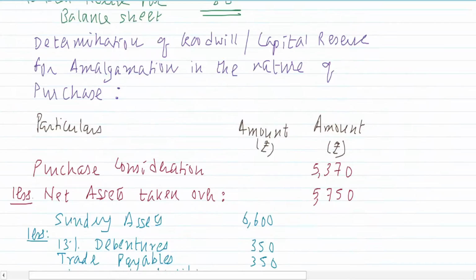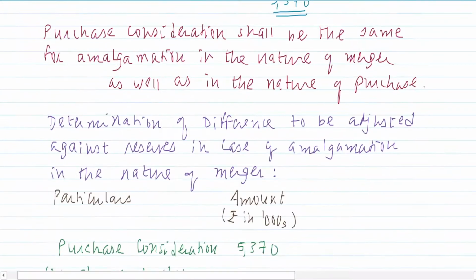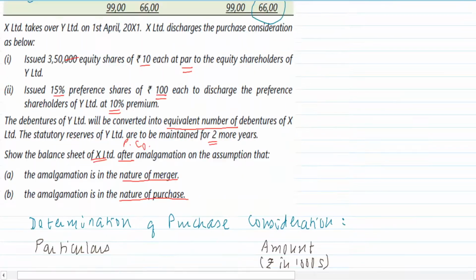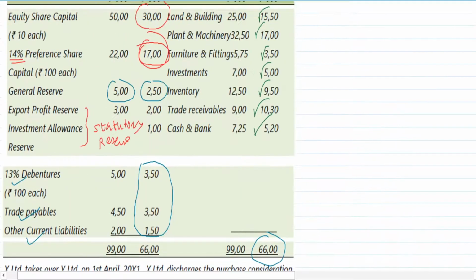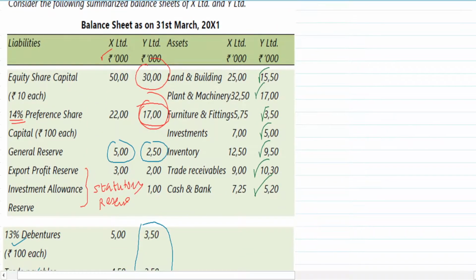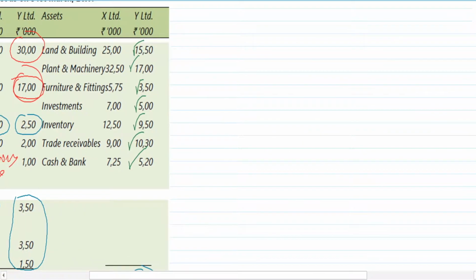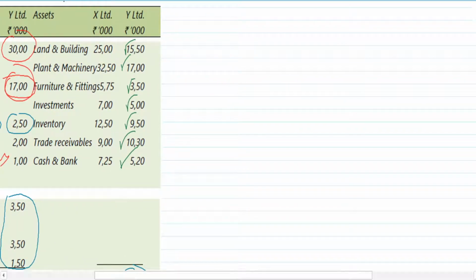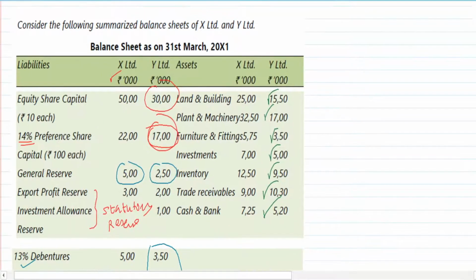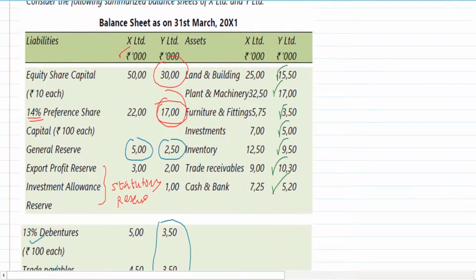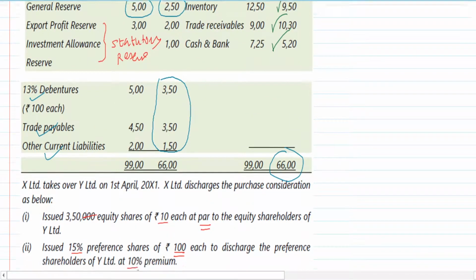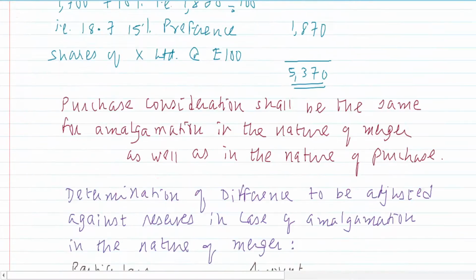So it is now time to prepare the final balance sheet. It's a balance sheet of X Limited, and we have done the takeover on 1st April.